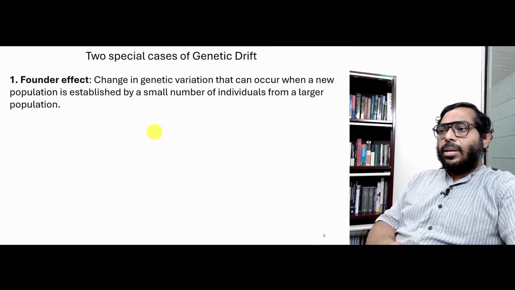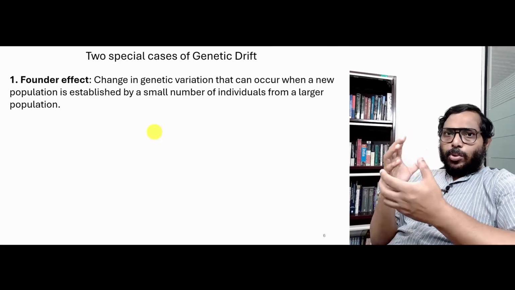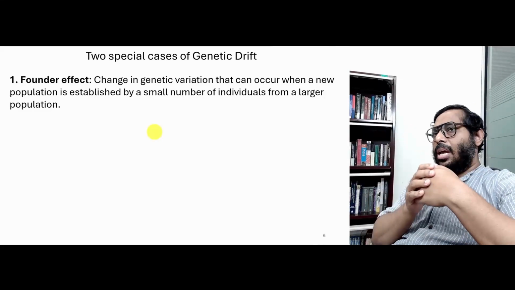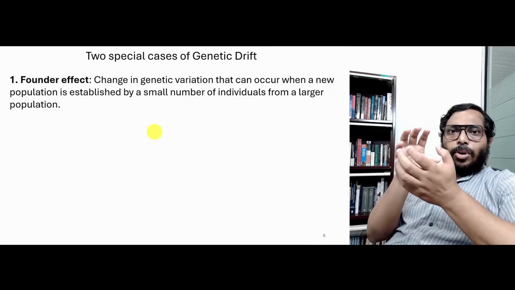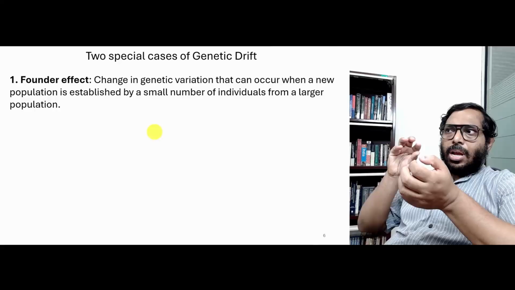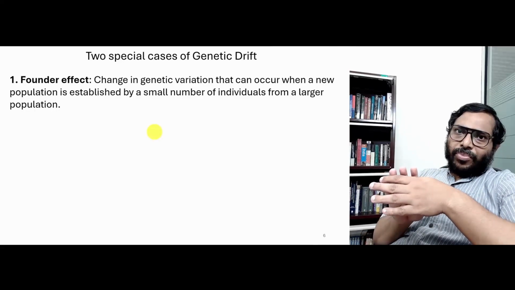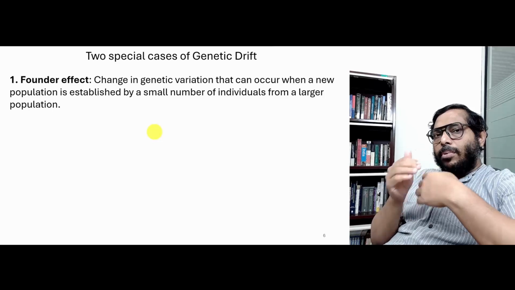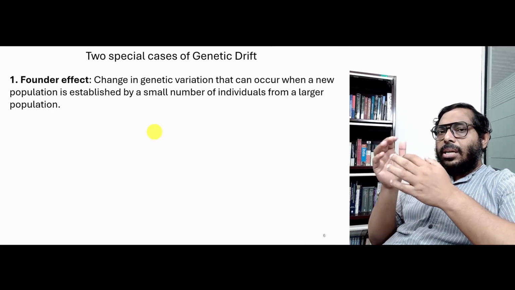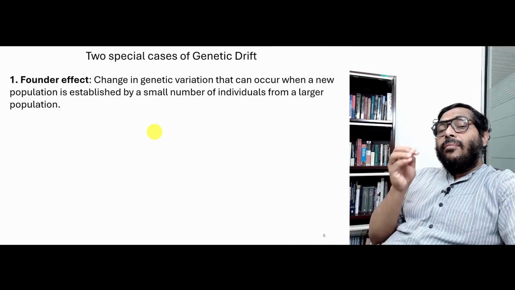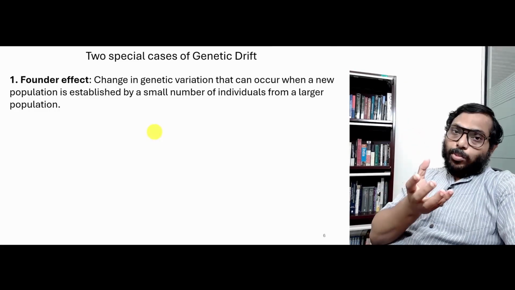What is the founder effect? Suppose you have a population which has some genetic composition, some allele frequencies, and then from this population a small subset comes out and goes and settles somewhere else. Because it is a small subset, there is always a probability that the allelic frequencies in this subset are very different from the allelic frequencies in the main population.